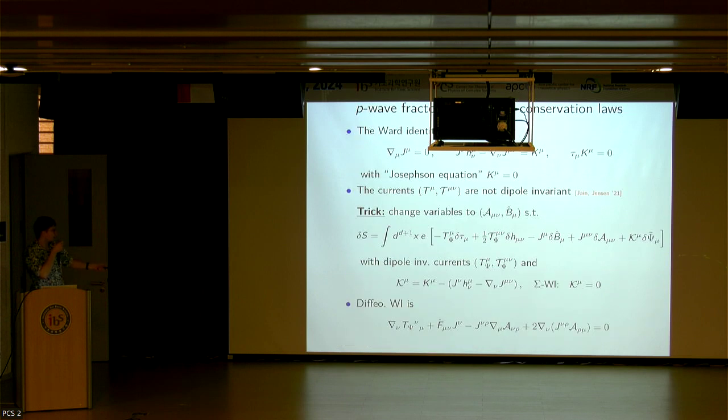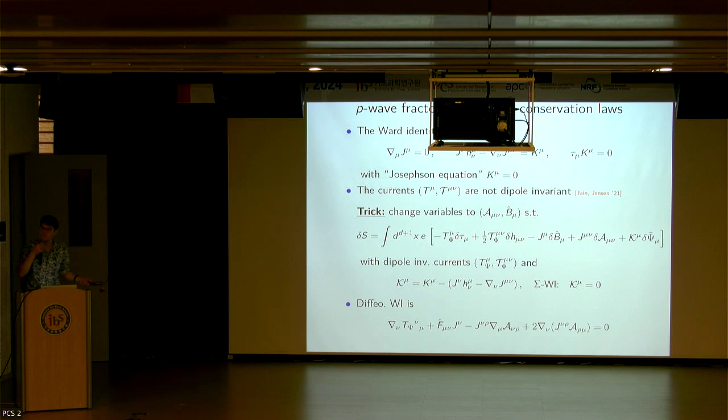It's just that we changed variables. The dipole equation of motion is still going to be k equals 0. The big K is 0 just by virtue of everything now being dipole invariant, so the Ward identity for dipole shifts is now that this thing is 0. But the dipole equation of motion is still this K.